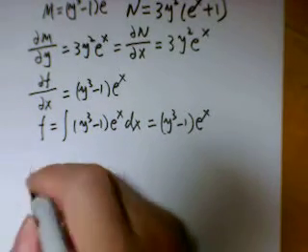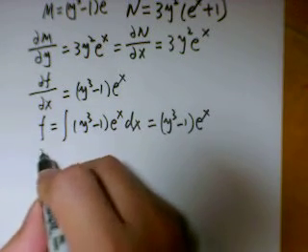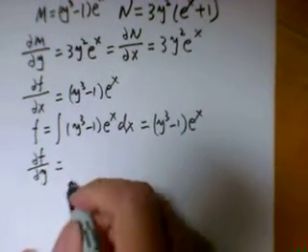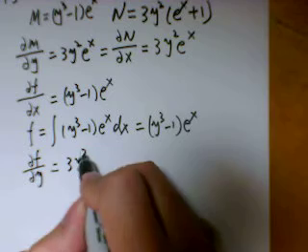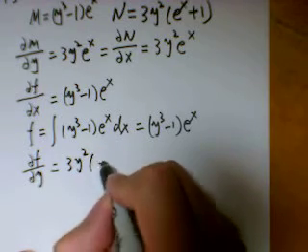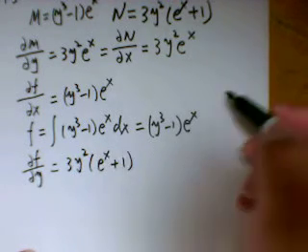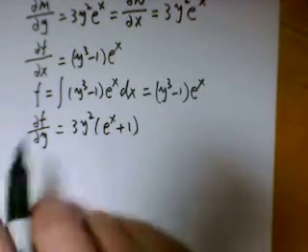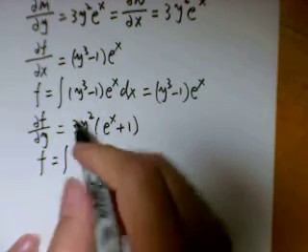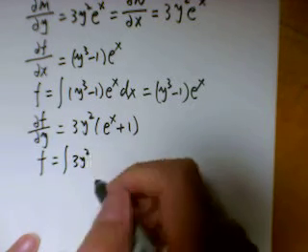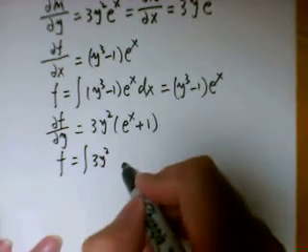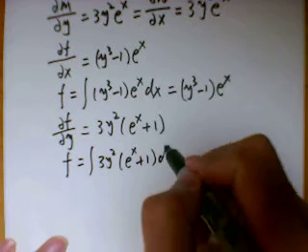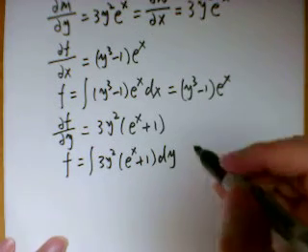And then for the second term, partial f over partial y equals N. N is 3y squared e to the power x plus 1. Again we're gonna do the integral with respect to y.